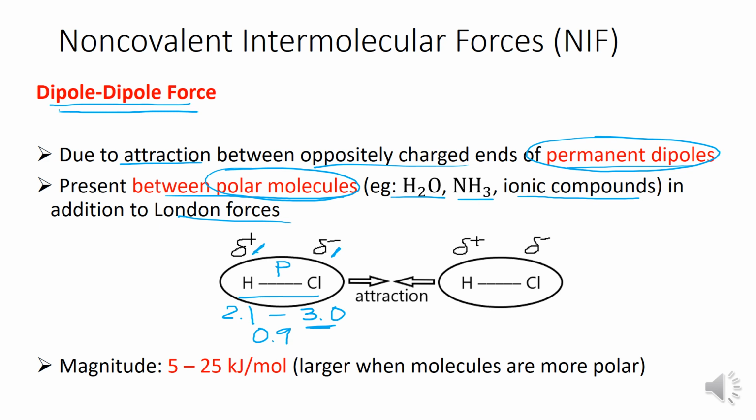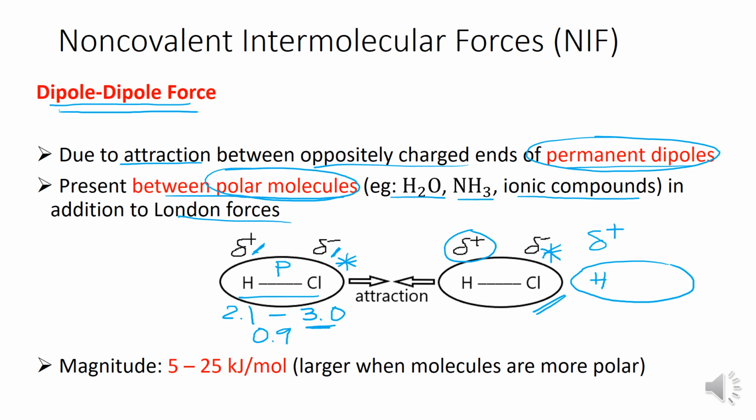So this chlorine end will attract the end of another molecule with hydrogen, because that is partially positive. If we have another adjacent molecule, the chlorine end of the second molecule will attract the end with hydrogen, because again, that is the end that is partially positive.